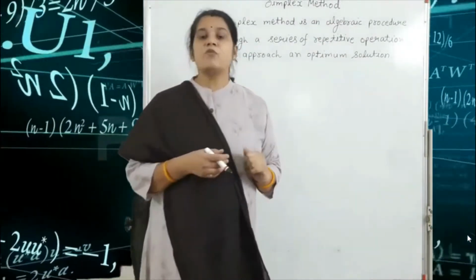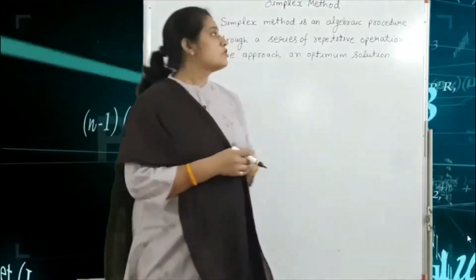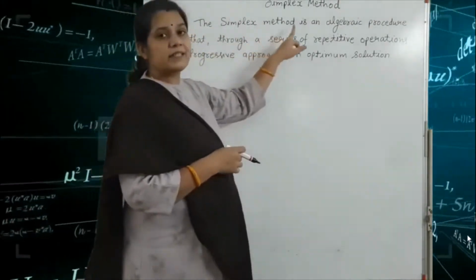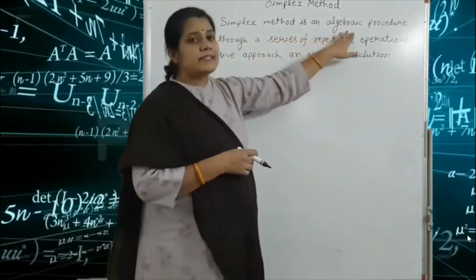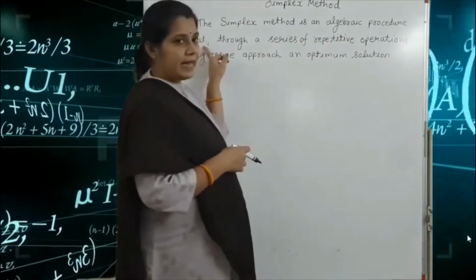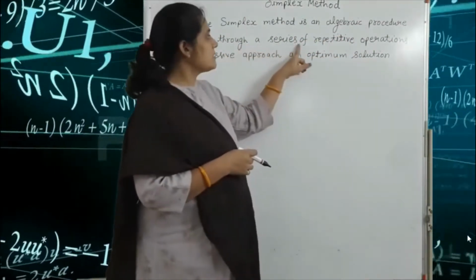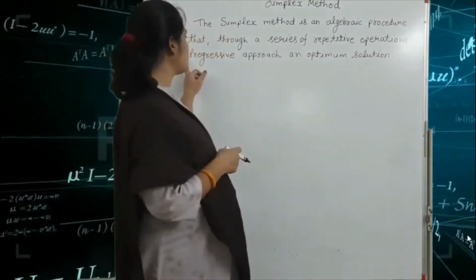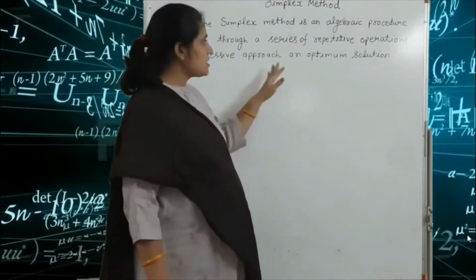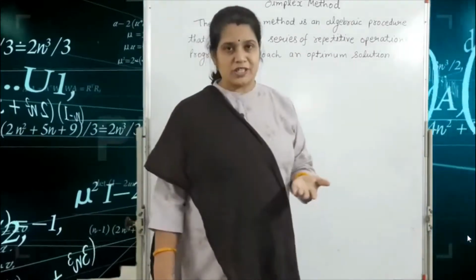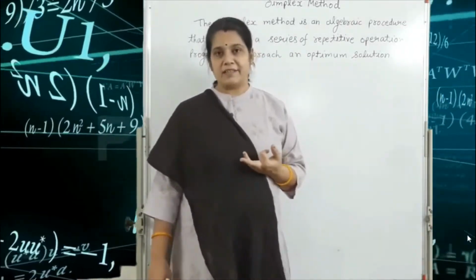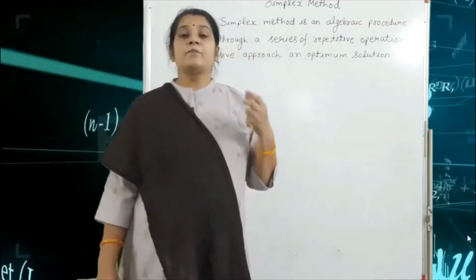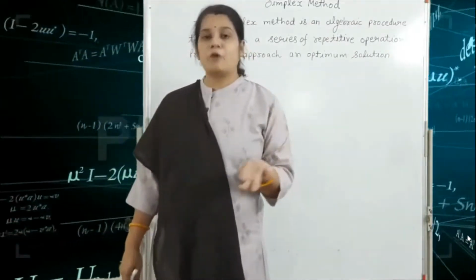What is the simplex method? The simplex method is an algebraic procedure that, through a series of repetitive operations, progressively approaches an optimum solution. In the simplex method, the process is that first we formulate the problem.